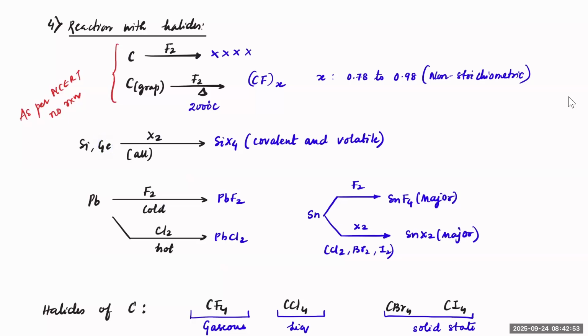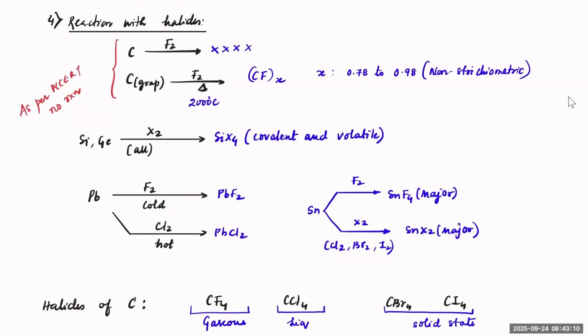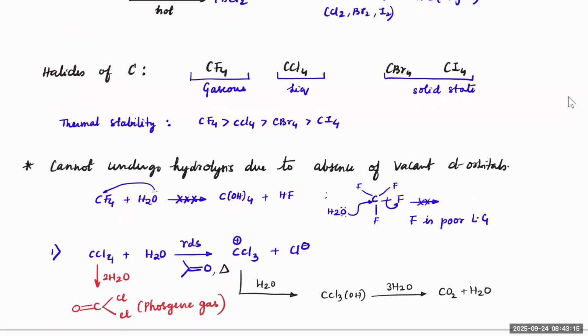Lead can react with fluorine in cold conditions to become PbF2, and Cl2 in hot condition to become PbCl2. With F2, tin can become SnF4, and with others it can become SnX2. These are reactions with halogens, how they happen in various cases.